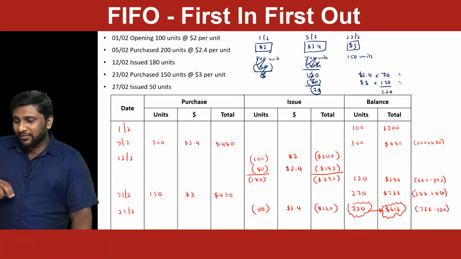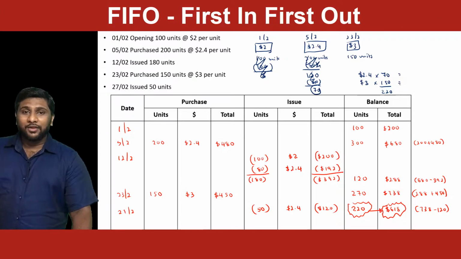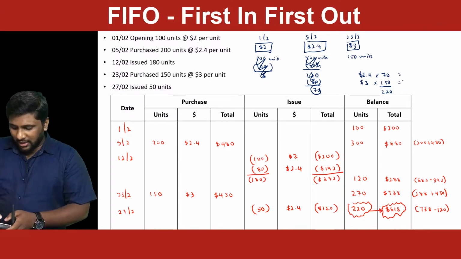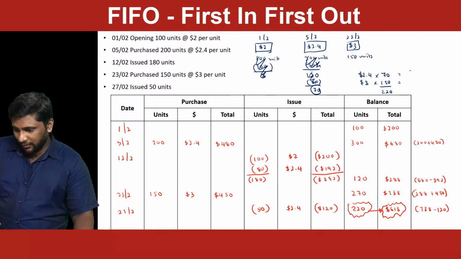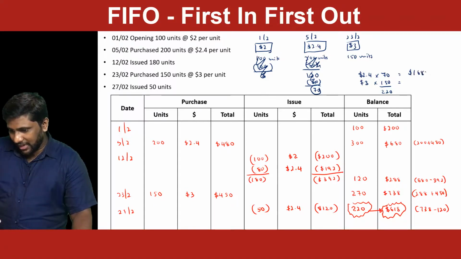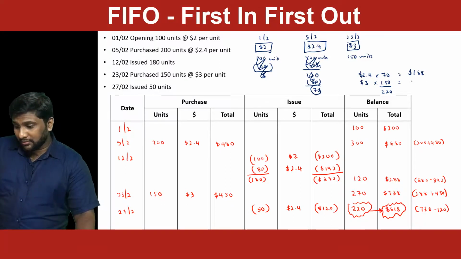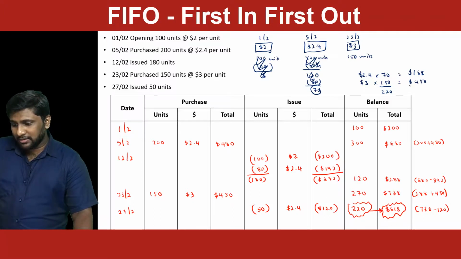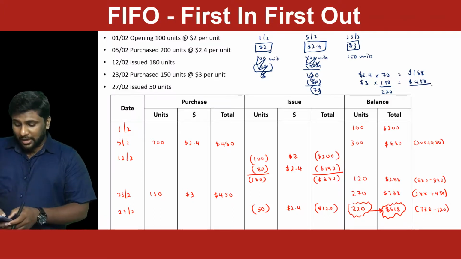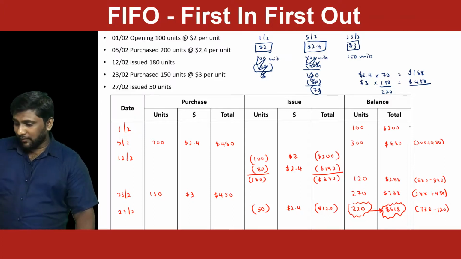So let's see what's the value of that 220 units. 70 units are there. Each unit value is 2.4. So there you are getting a value of 168. And you have 150 units, which each unit has a value of $3, so 450. So what's the total value that you are getting? 450 plus 168. You are getting a value of $618.